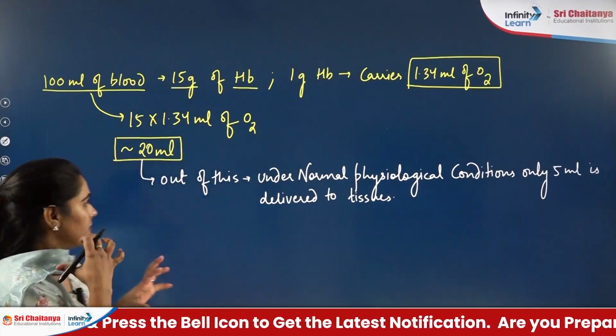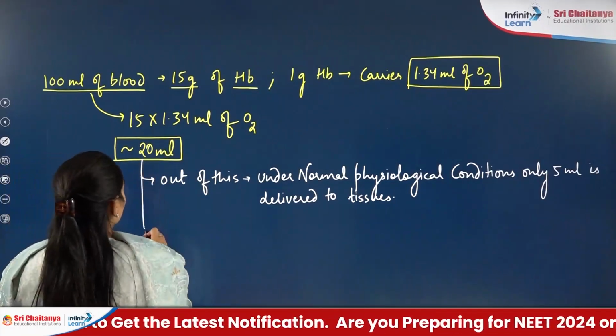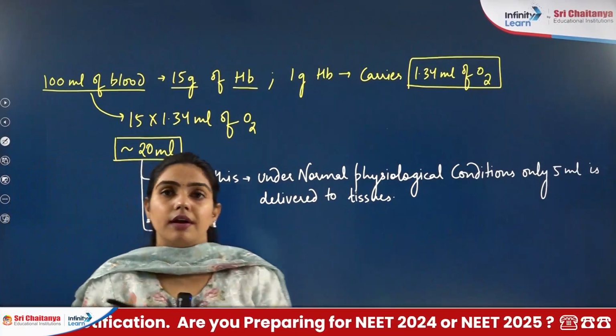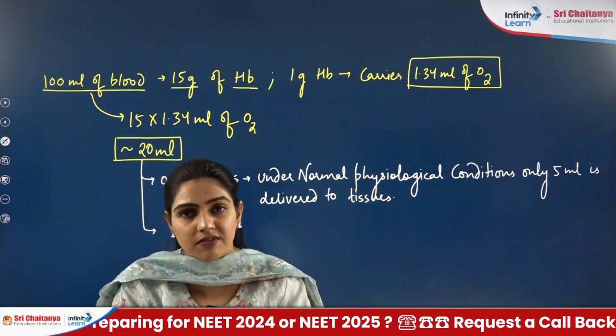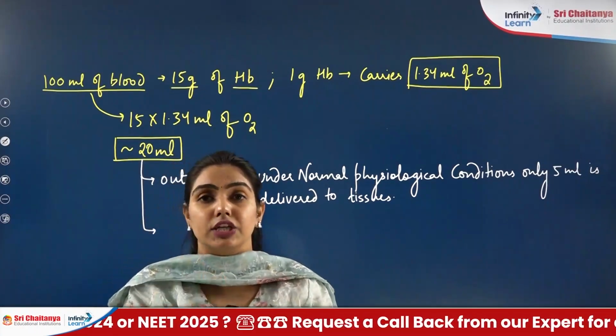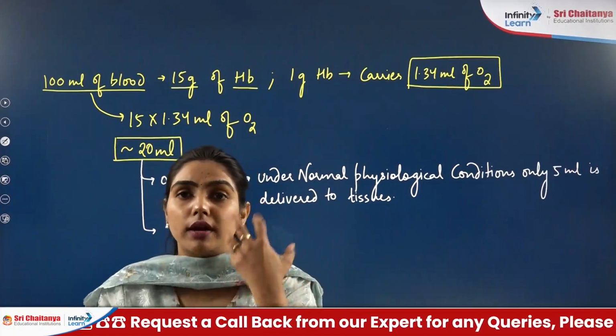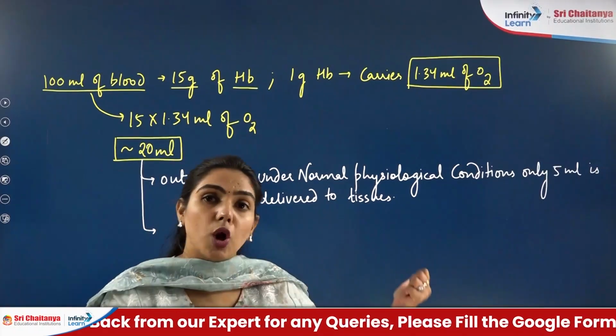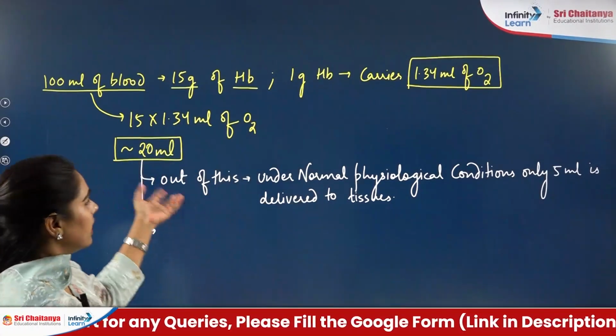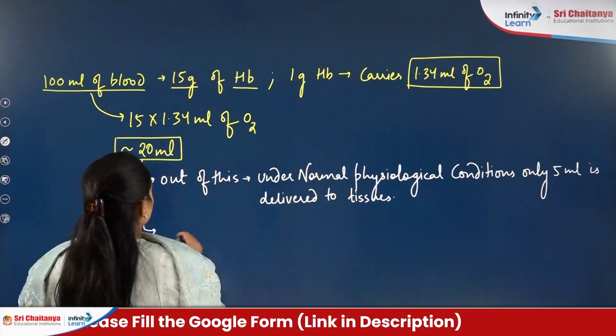So, whenever you are doing heavy exercise, you are running fast, that is a strenuous condition. In that condition, your body requires more oxygen than the normal condition. So, here it will be different.